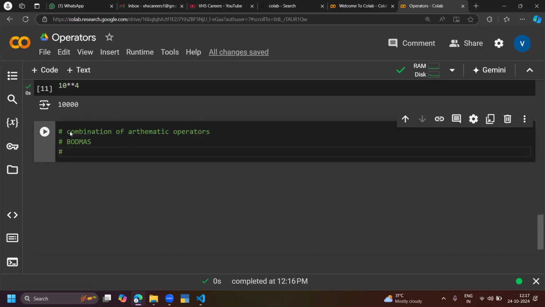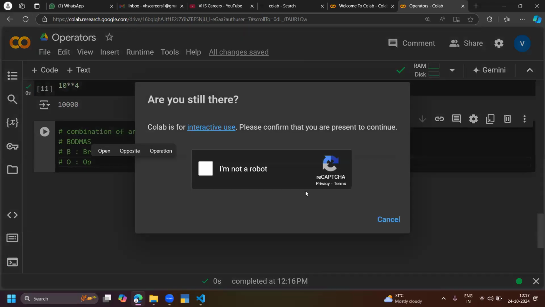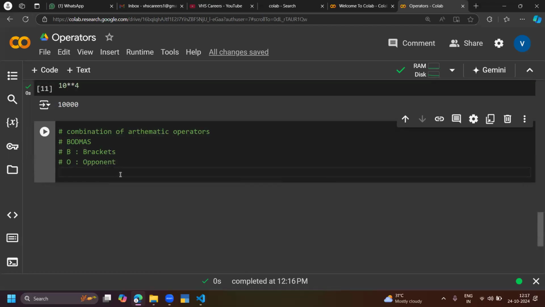B means brackets. Brackets operate first. After that, O means orders, the exponent, which works next. The third is D, division, the next priority.